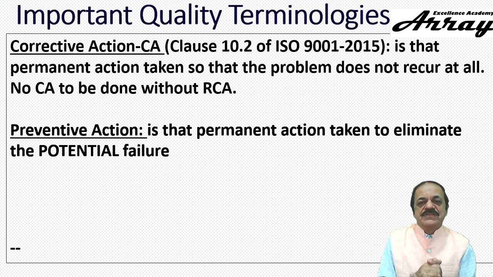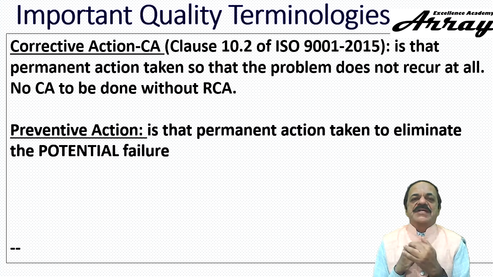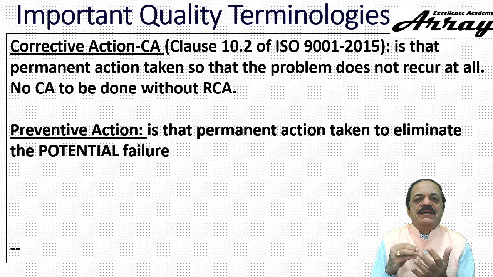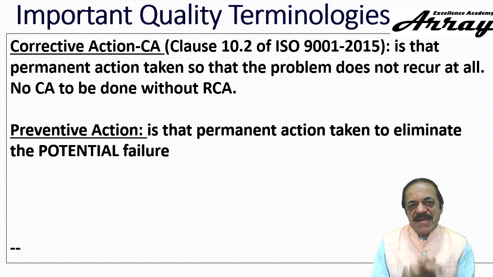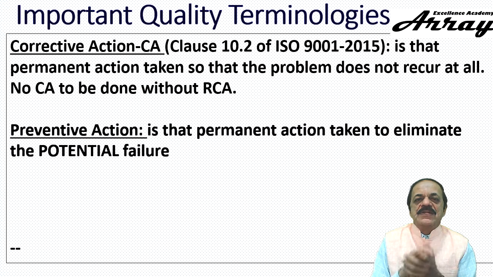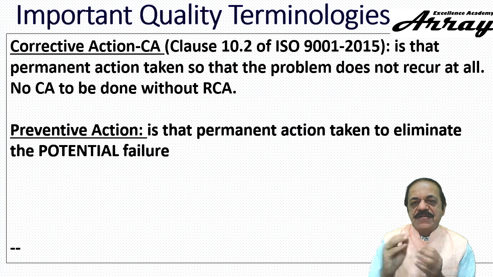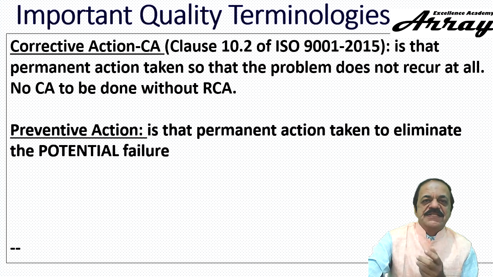Nowadays, in ISO 9001 or globally, they talk less about preventive action, not because it is ineffective, but because it is a subset of risk management, which has been given a lot of emphasis in the current quality management standards like ISO or aerospace standard AS9100.